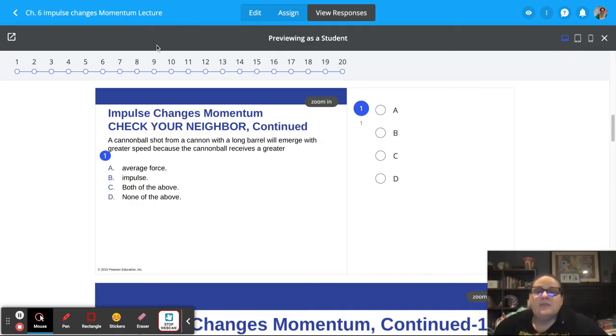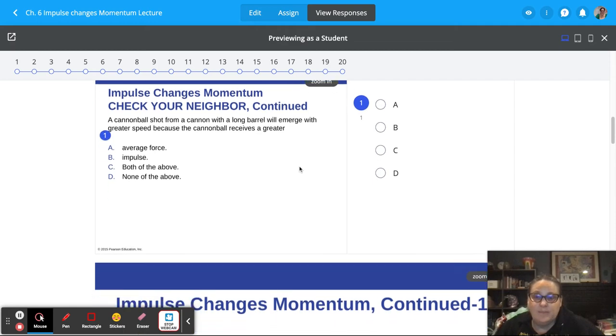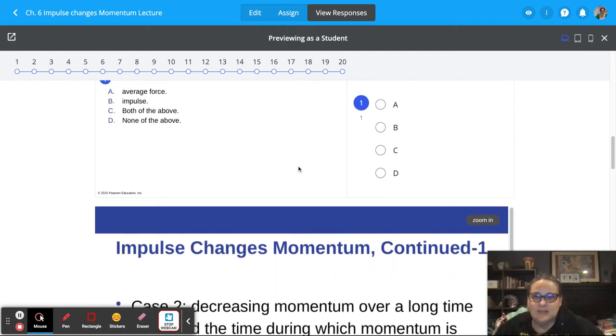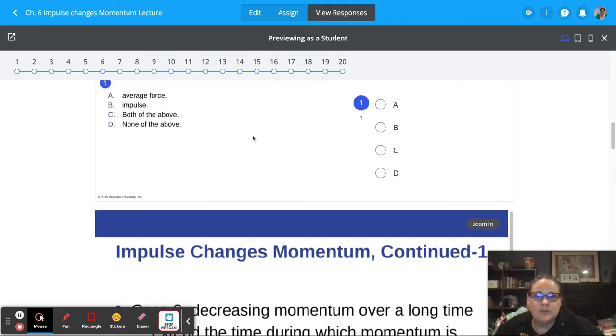The greater impulse will cause that cannonball to travel faster. Now, the average force, the force itself, is the same. It's the amount of time in which it is delivered. So the answer would definitely be B. Even though it's tempting to say that it's both, it's only impulse.